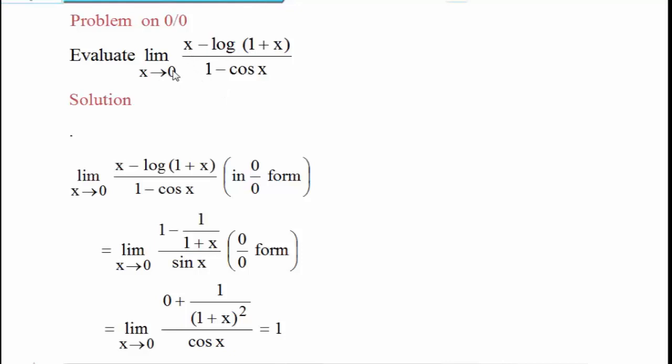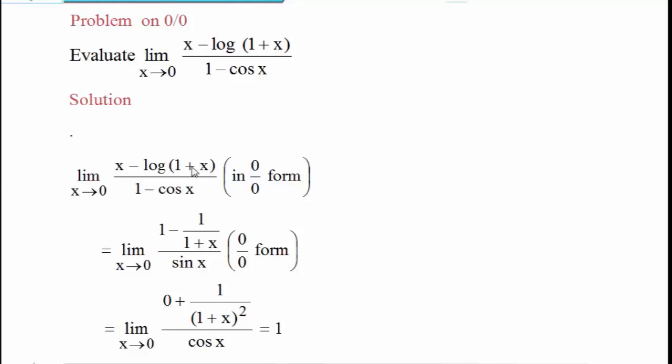Here a equals 0, so replace x by 0: in the numerator, 0 minus log 1 plus 0, which is 0 minus 0, that is 0. In the denominator, 1 minus cos 0, and cos 0 is 1, so 1 minus 1 is 0. In this way we determine whether the problem has the 0 by 0 form or not. If it is, you can write it.